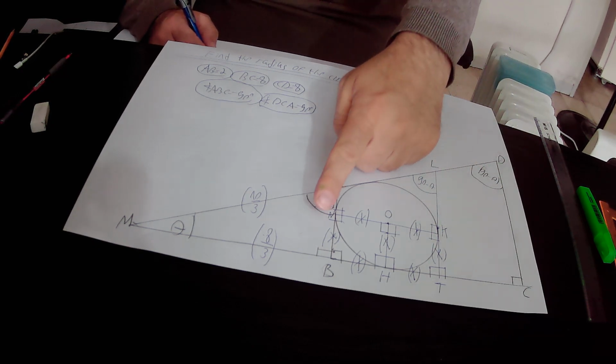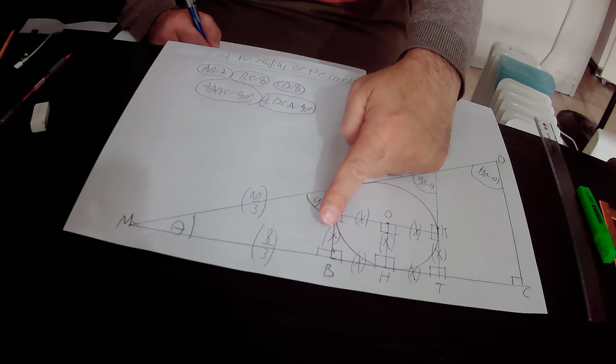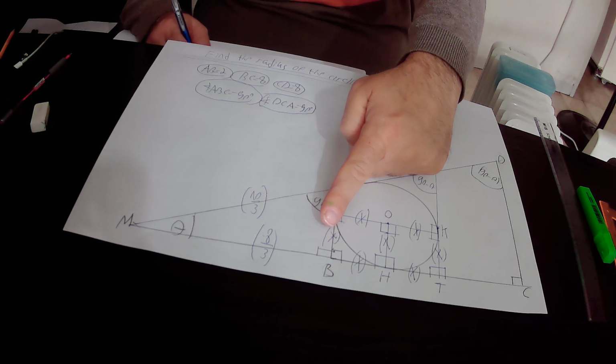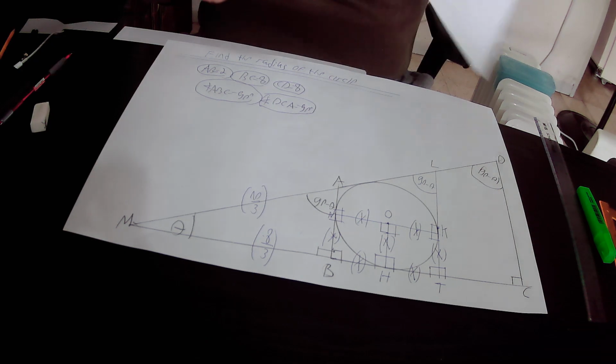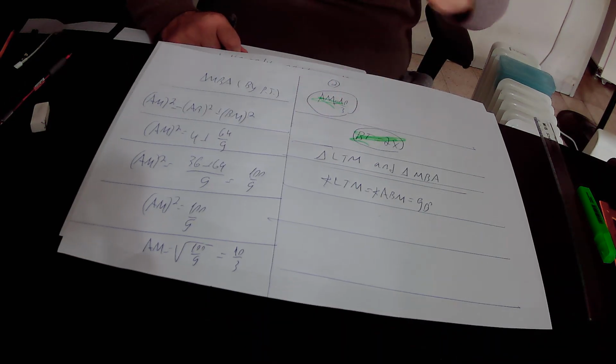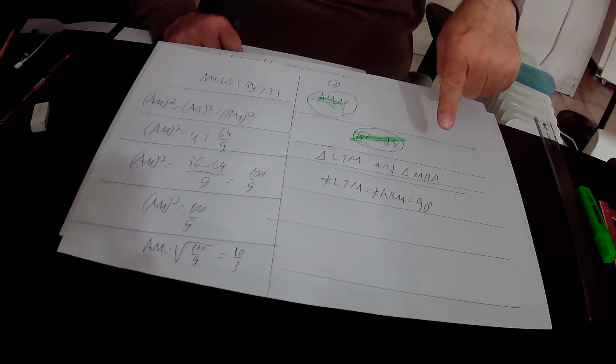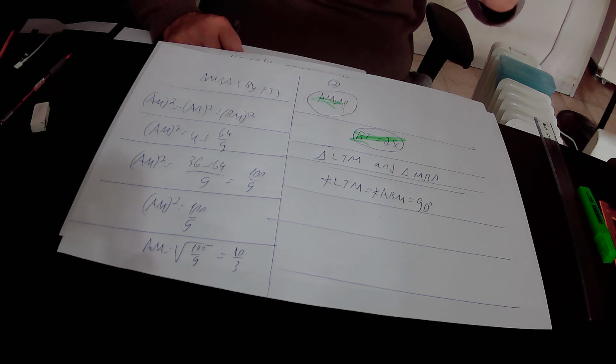And it is equal to this angle in the small right triangle MBA. This is actually angle ABM. Repeat again, angle LTM in the big right triangle LTM equals angle ABM in the small right triangle MBA. They are both equal to 90 degrees, therefore they are equal to each other.